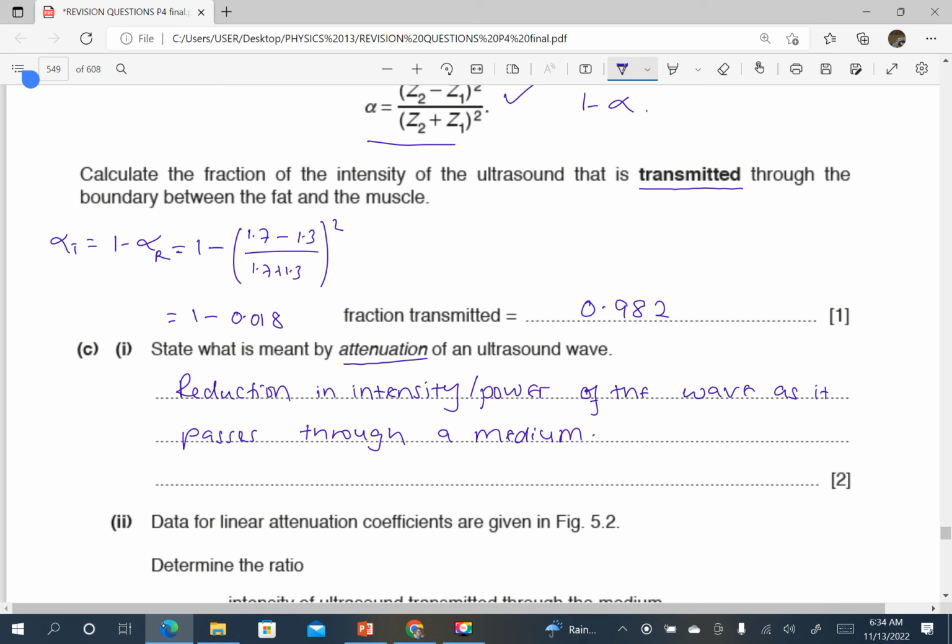So that is attenuation, reduction in the power or reduction in intensity of the wave as it passes through a medium.